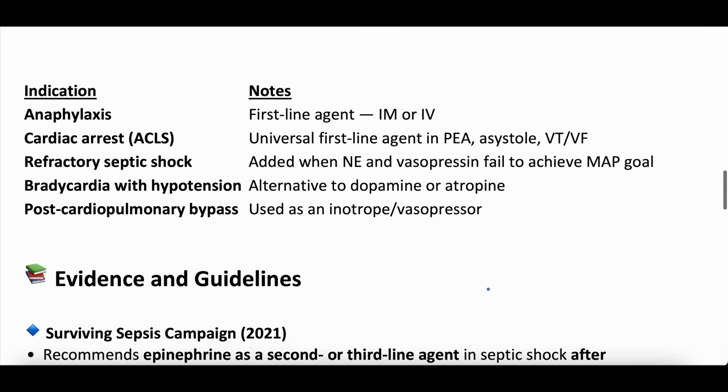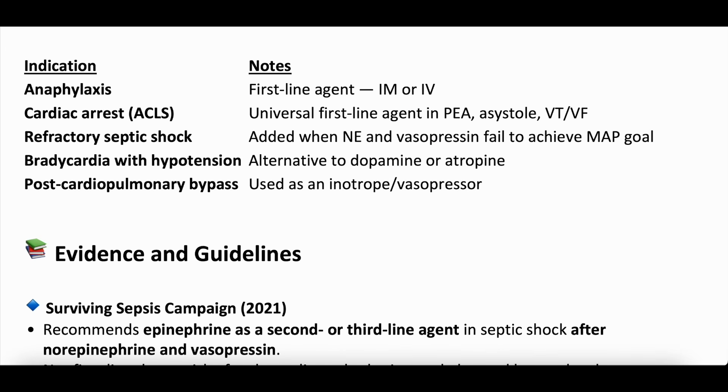Okay, clinical uses. We kind of talked a little bit about this already. Anaphylaxis is a big one. It's the first-line agent, intramuscular first, followed by intravenous continuous infusion if need be. Cardiac arrest, ACLS algorithm suggests giving it intravenously. Refractory septic shock, it is sometimes given when norepinephrine and vasopressin fail to achieve the target MAP goal. You can consider it.